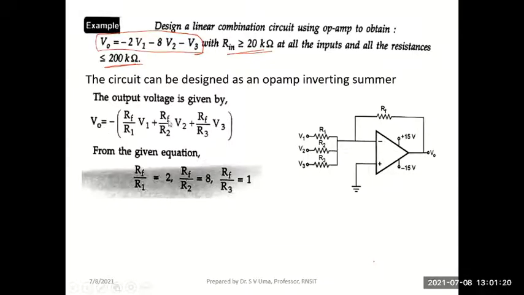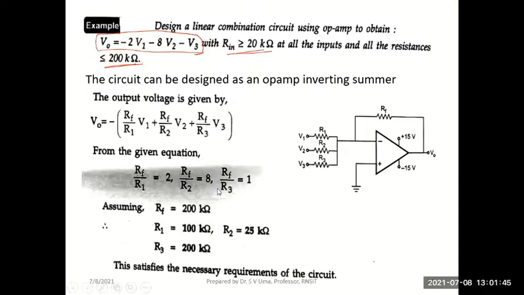Okay, the scaling factors are RF by R1 should be equal to 2, as we can see in this required final output voltage expression. RF by R2 should be equal to 8 and RF by R3 should be equal to 1. So you are able to capture what should be the value of the scaling factors or the resistance ratios. Once you do that, please remember this, very important.